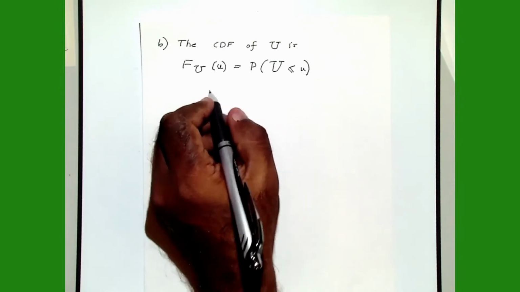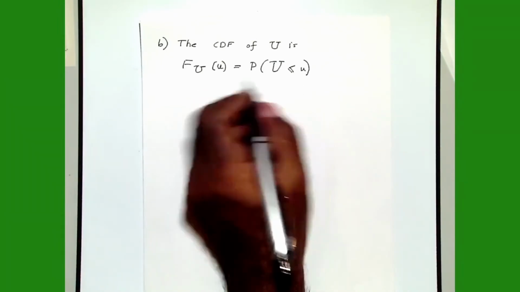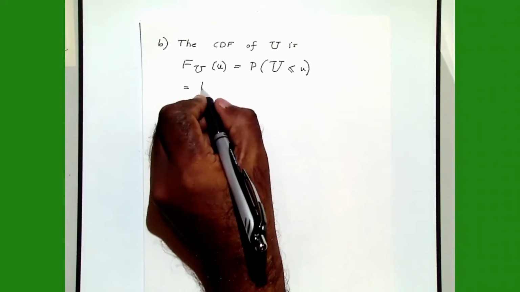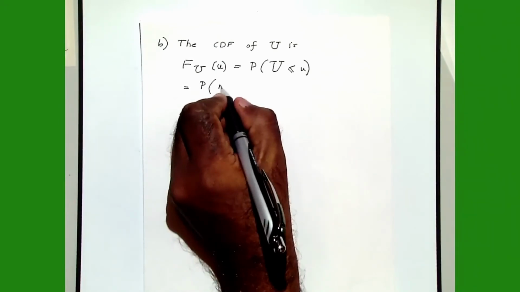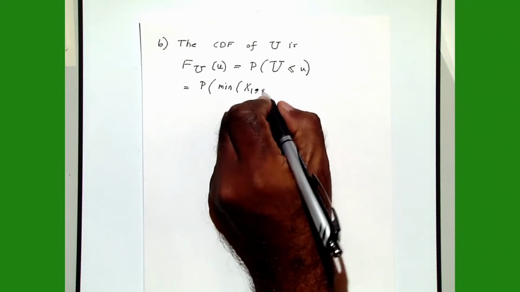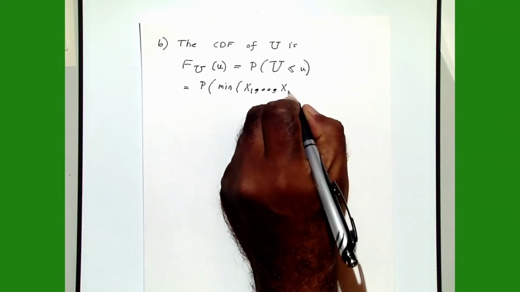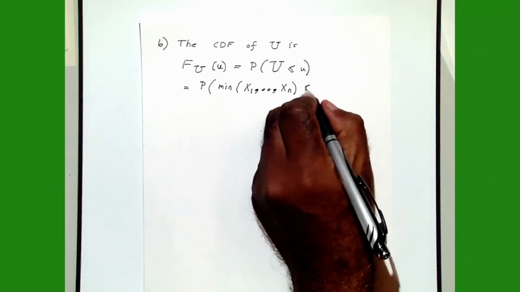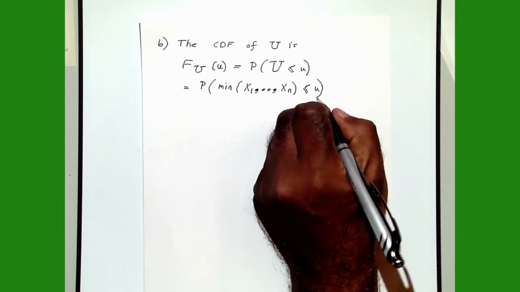Okay, by definition you can write this as this, and this is the probability that the minimum is less than or equal to u, right?